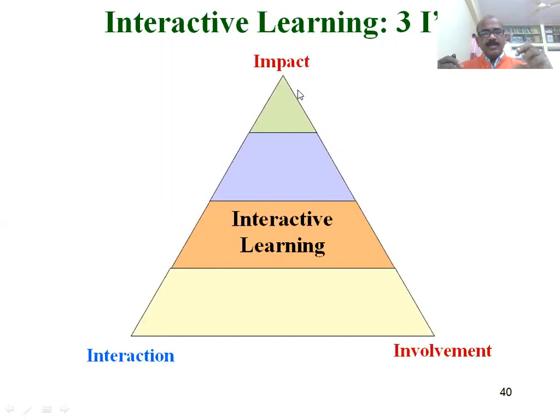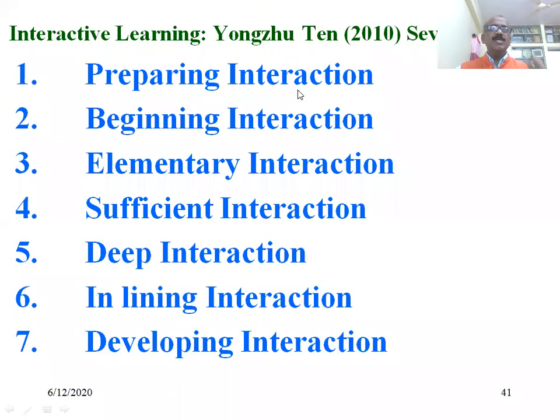When interaction is there, automatically the involvement of all students will take place in the class. And it has considerable impact. So interactive teaching is very much necessary in higher education. That will be very, very effective.